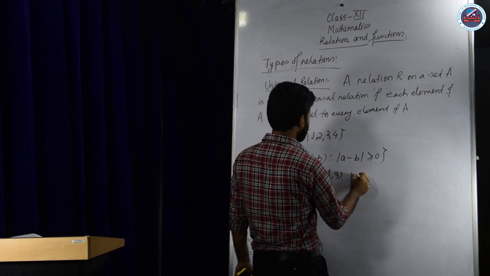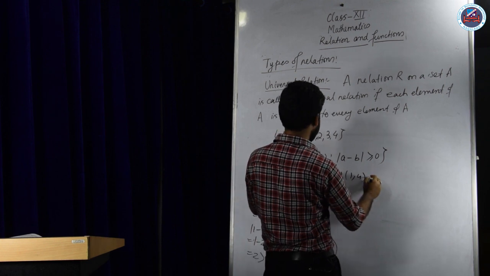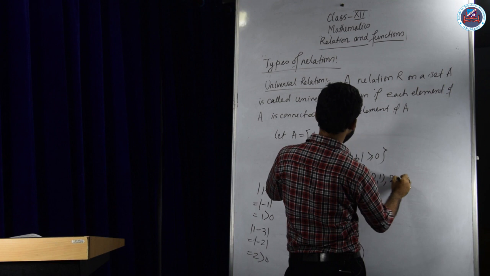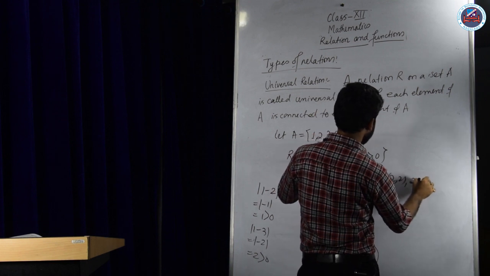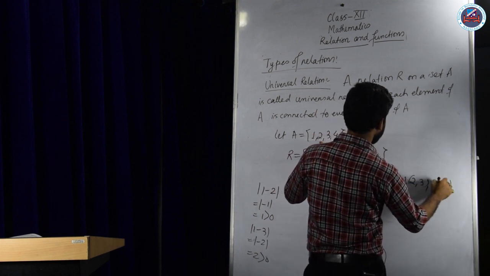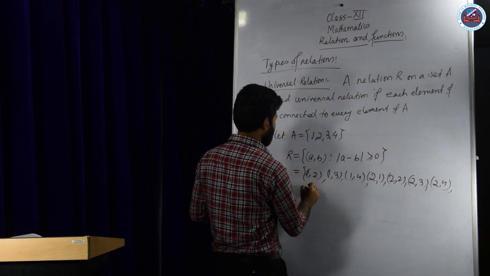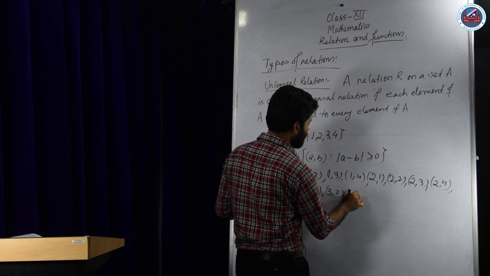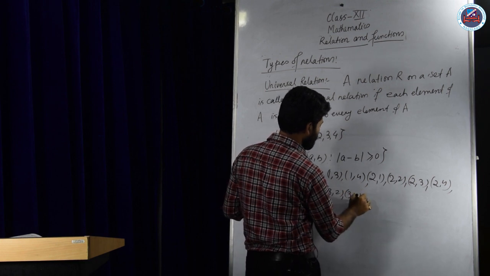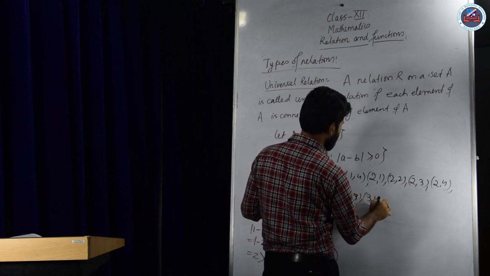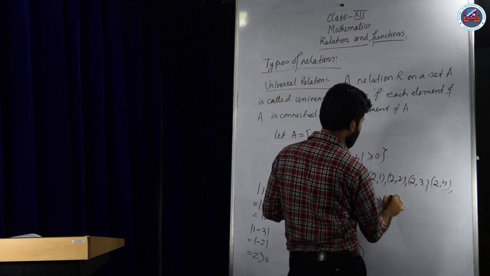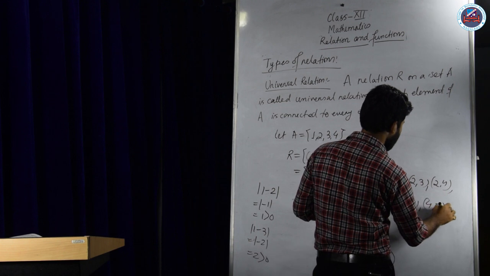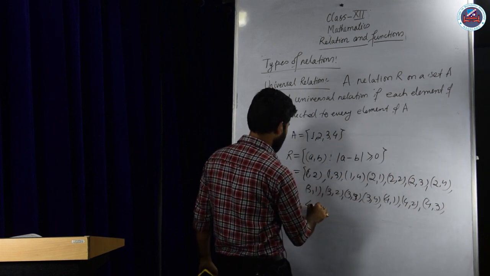So we will get all the elements here: 1, 2, 1, 3, 1, 4, 2, 1, 2, 2, 2, 3, 2, 4, 3, 1, 3, 2, 3, 3, 3, 4, and 4, 1, 4, 2, 4, 3, 4, 4.